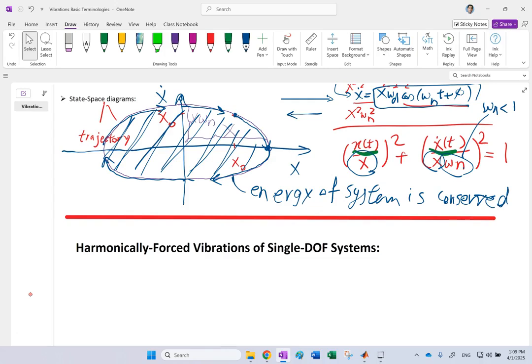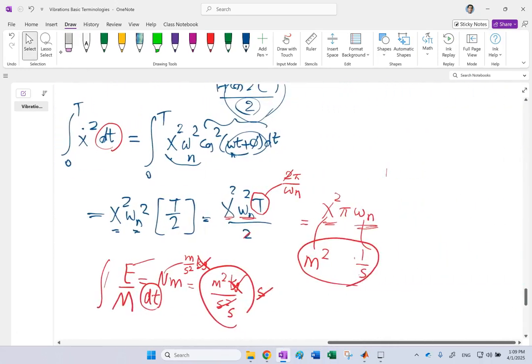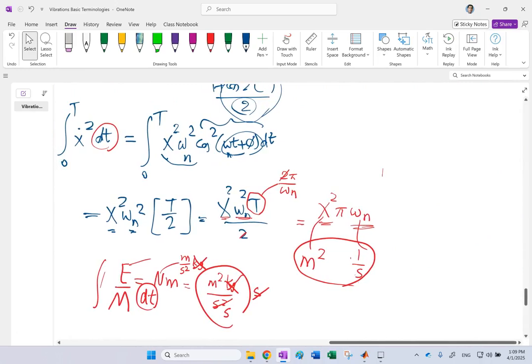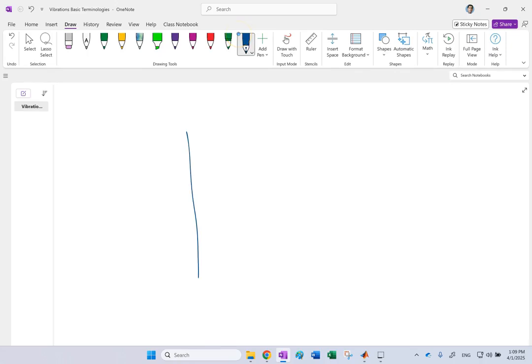Now, on the other hand, if there is a damping in the system, the behavior is going to be different. You still start at this initial point, but over time, the energy of the system is going to go down. So what kind of state space trajectory will you get? Well, in this case, it's not going to go on an ellipse anymore. So if you start here, again, this is x dot and this is x.